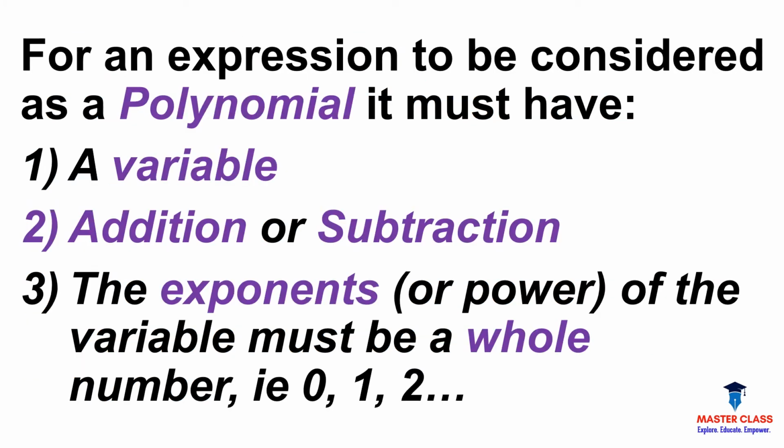For an expression to be considered a polynomial, it must have at least one variable, addition or subtraction if there is more than one term, and the exponents or powers of the variables must be whole numbers like 0, 1, 2 and so on.